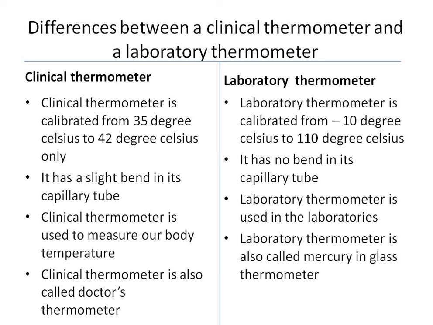But a laboratory thermometer has no bend in its capillary tube. It should always be placed vertically for the measurement of temperature of any substance. When you measure temperature of any substance by a laboratory thermometer, it should always be kept in a vertical position.